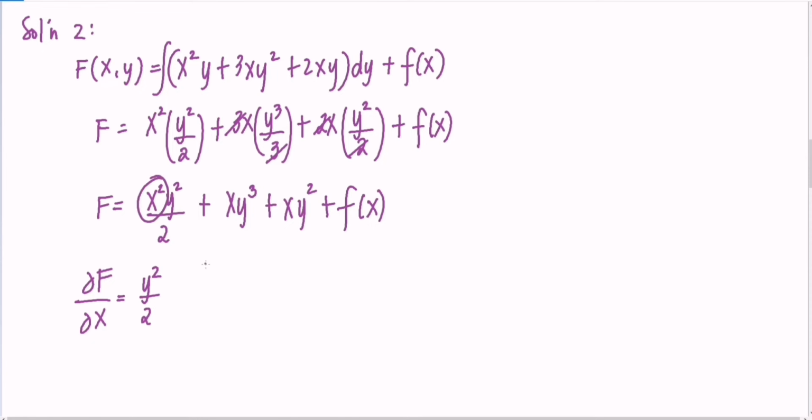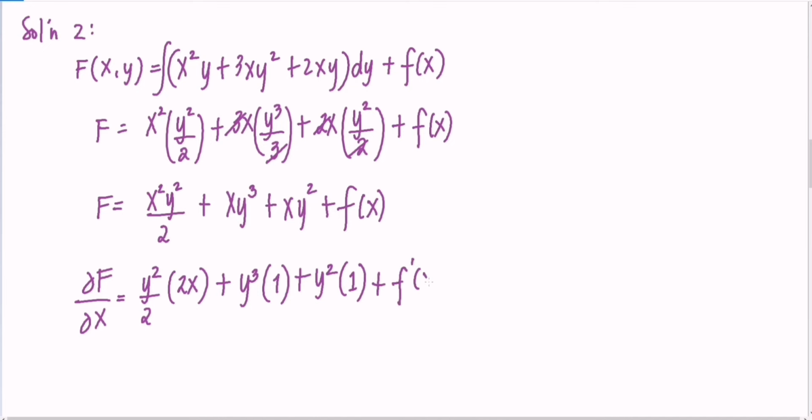So, si x squared lang ang ating i-derivative. So, ang derivative ng x squared ay 2x plus dito ang y cubed, iwan lang natin, si x derivative natin, so 1. Okay, plus derivative nito, so x iwan lang natin, si y squared pala, at si x ang i-derivative, so 1. And then derivative ng f of x, syempre in terms of x naman, so f prime of x.